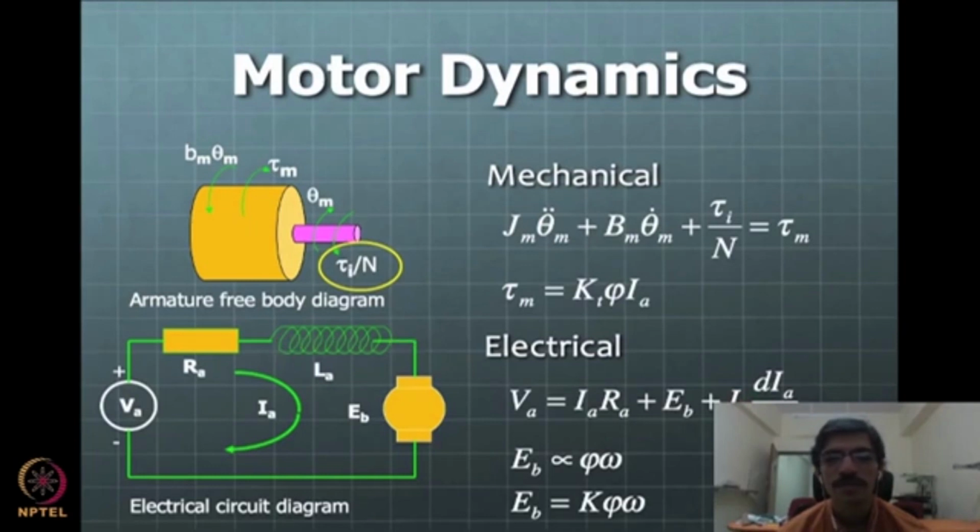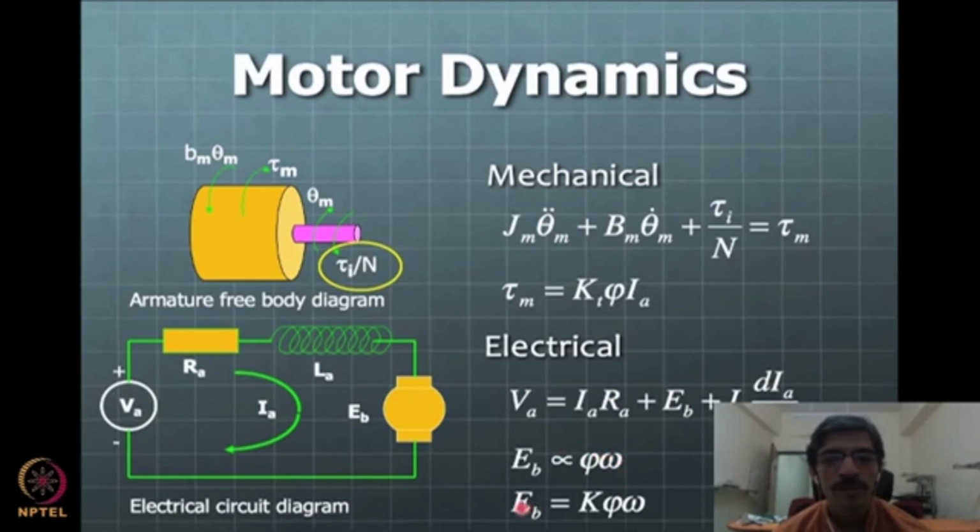The inductance term, L di by dt, is not a resistance; it is the fluctuation of voltage across the inductor. According to that, your complete voltage balance will take place, and then there is this back EMF in the system, which, as we know, is proportional to the speed omega.